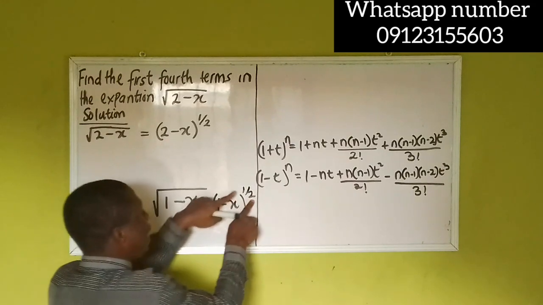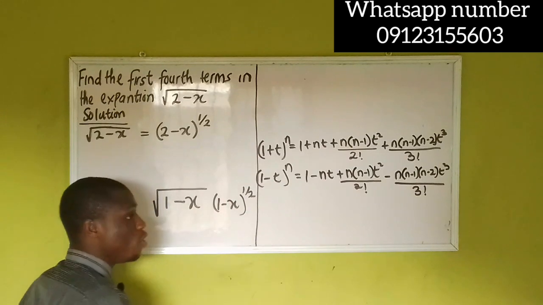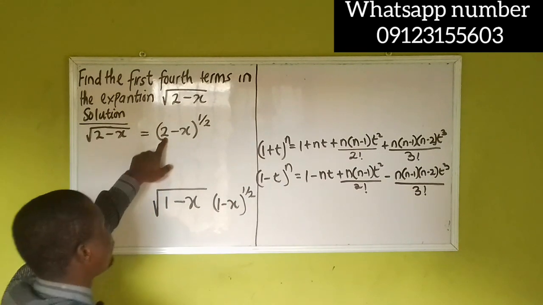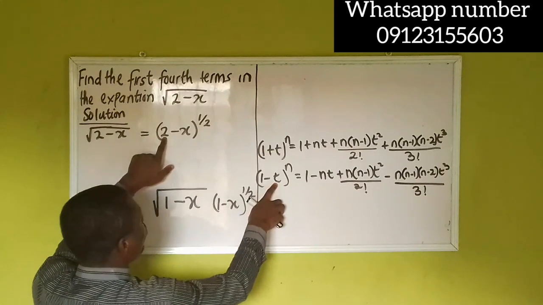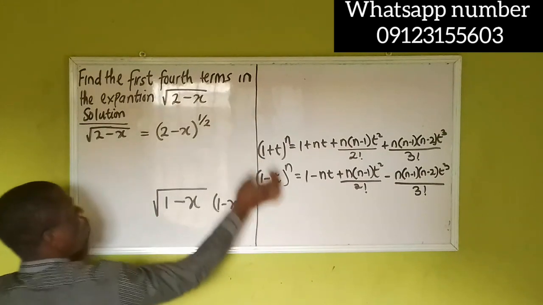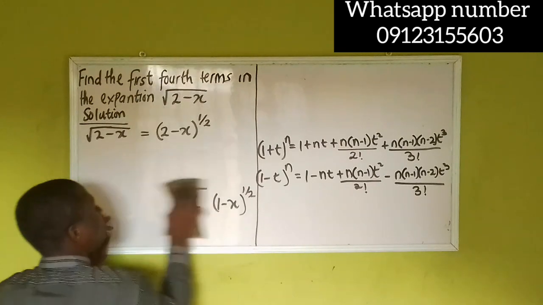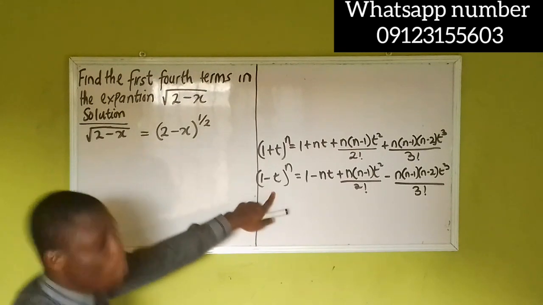So therefore, my n is 1 over 2, while my t is x. But in this case, I can't call my t 2. I need to express all these terms in the form of this.